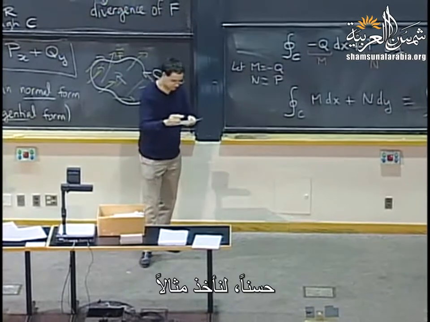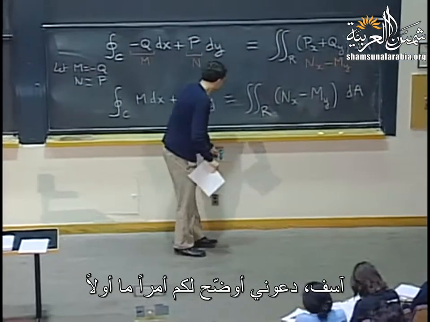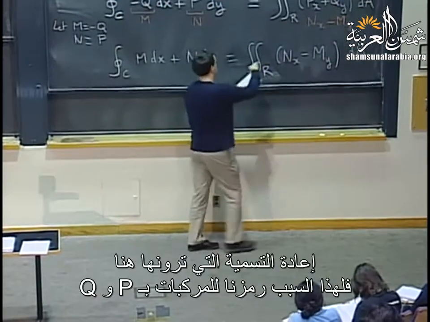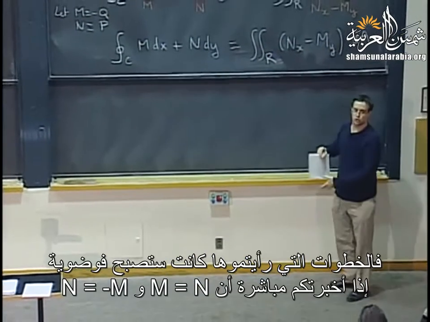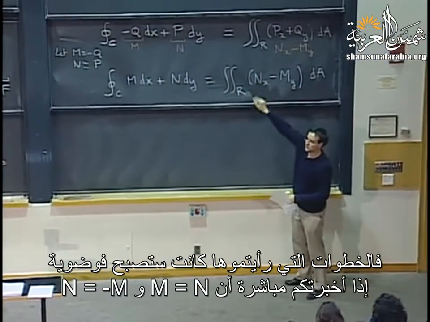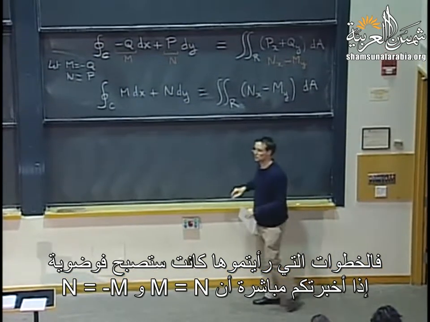Okay, let's do an example. Oh, by the way, first, sorry. This renaming here, that's why I called my components P and Q, because the argument would have gotten very messy if I had told you, now I call it M and N, and minus N and so on.